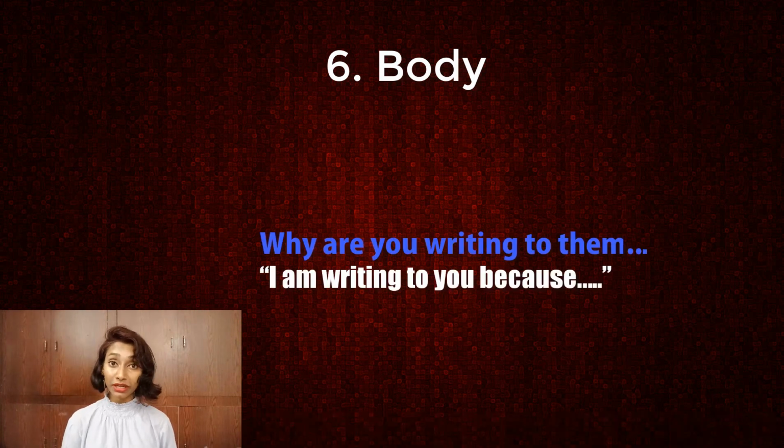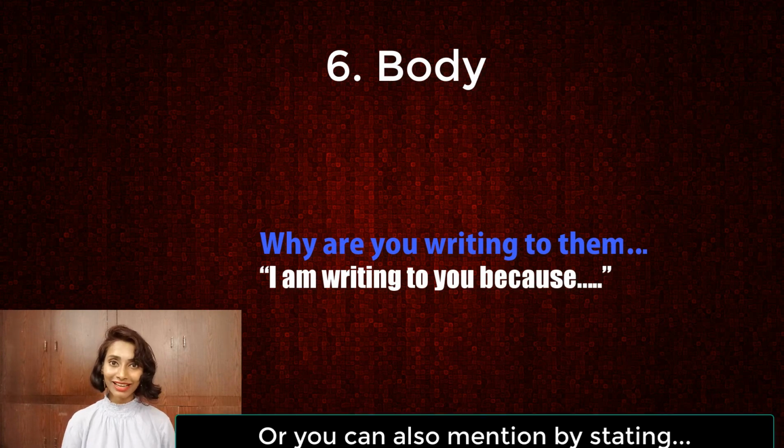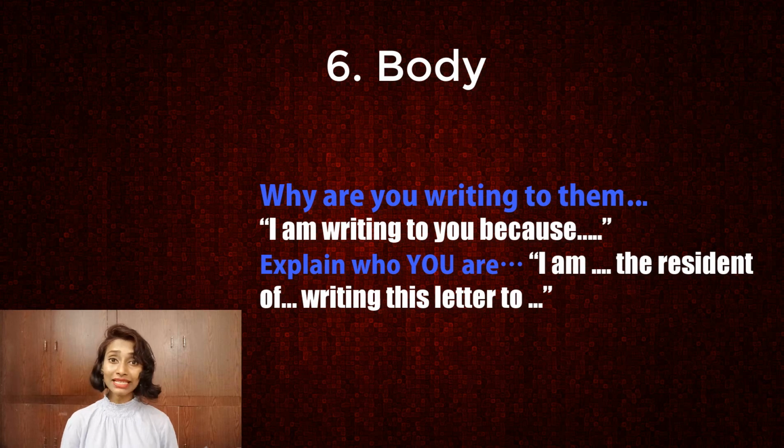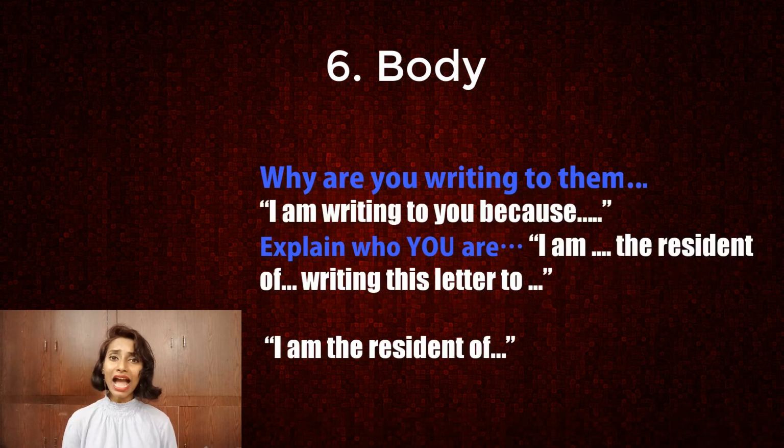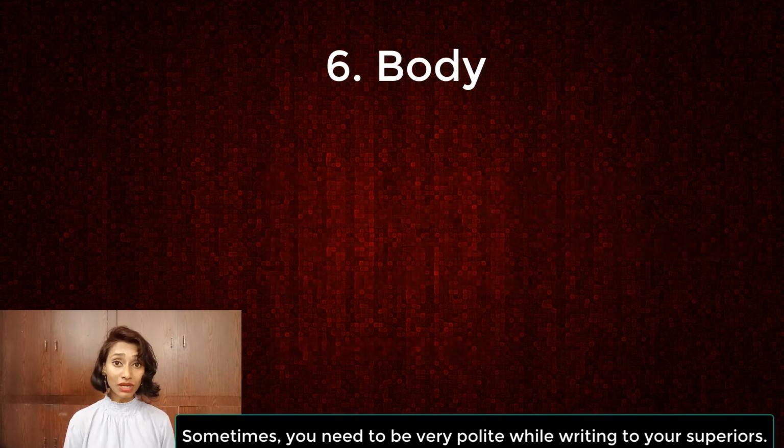"I'm writing to you because" can indicate your purpose. Or you can also state, "I am so and so, the resident of so and so place, writing this letter for so and so purpose." Or you can write, "I am the resident of so and so area," and mention your purpose. Sometimes you need to be very polite while writing to your superiors.